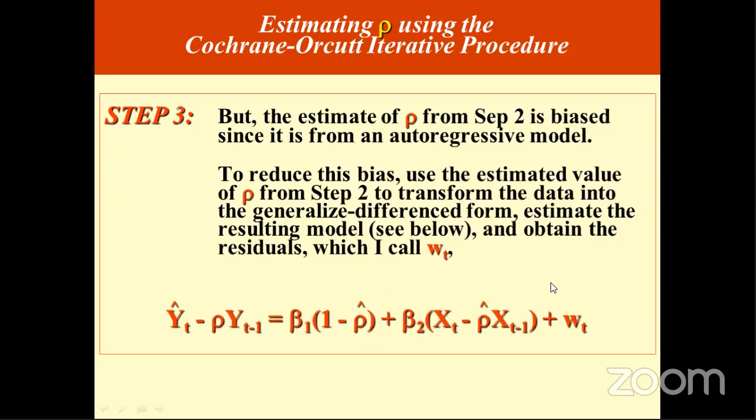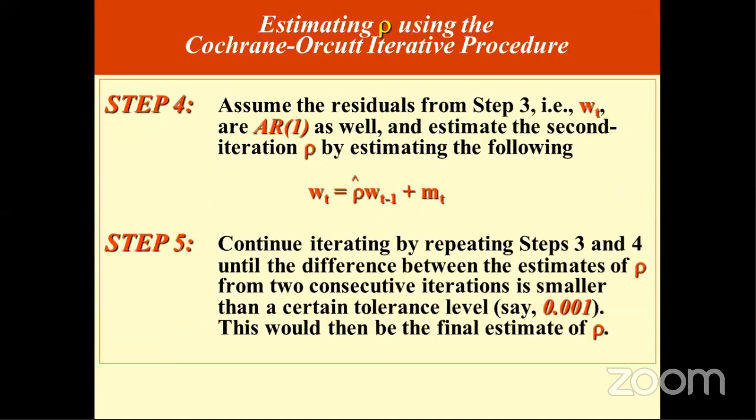We need not worry much about the mathematical derivations of this Cochrane-Orcutt method, because most statistical packages make use of the Cochrane-Orcutt method of estimation. Directly we can correct the problem of autocorrelation by using this method, and it is an iterative procedure, given in these slides.